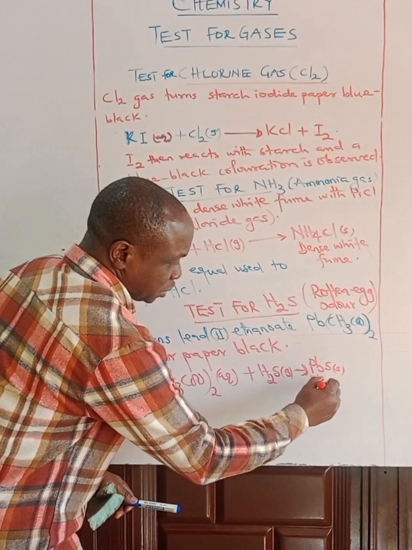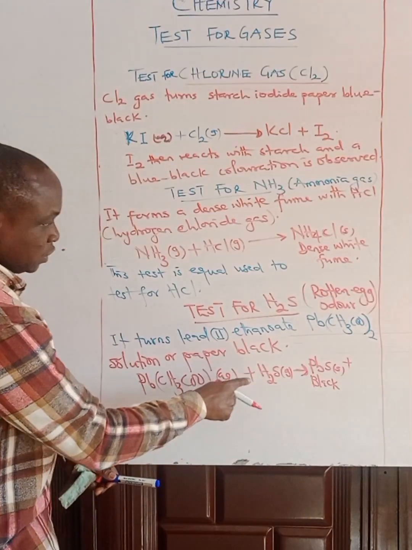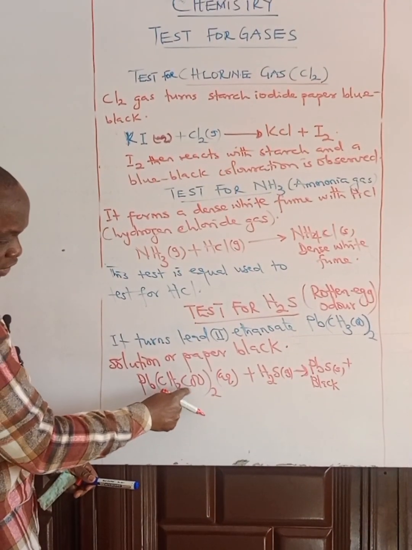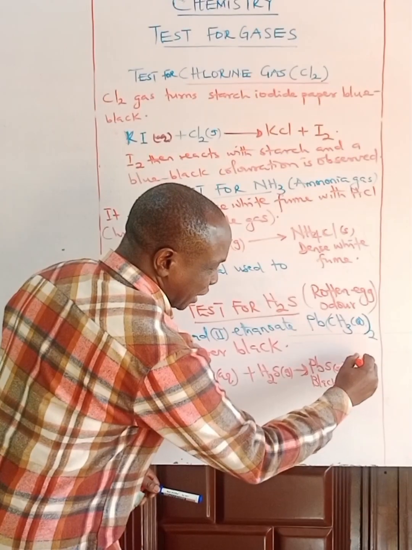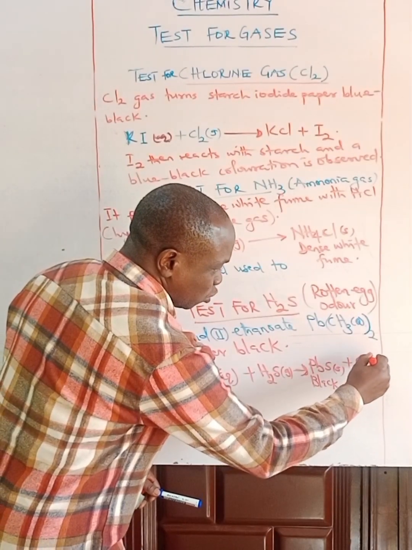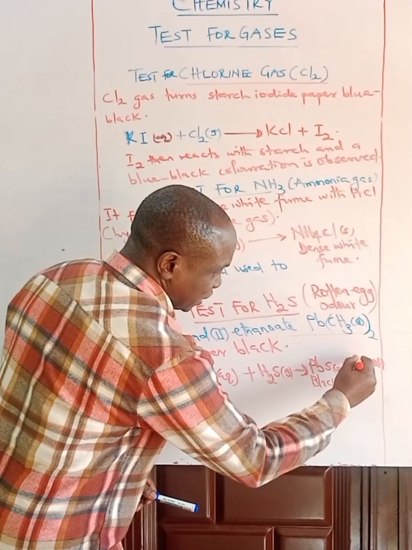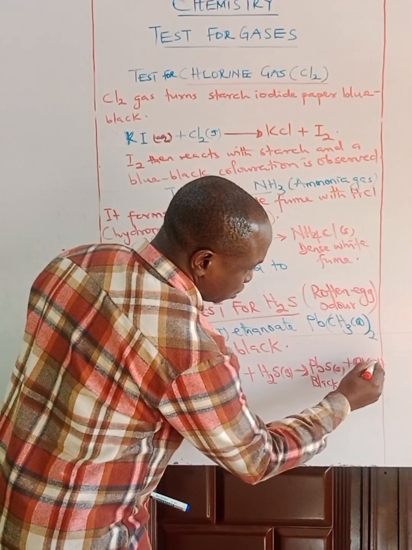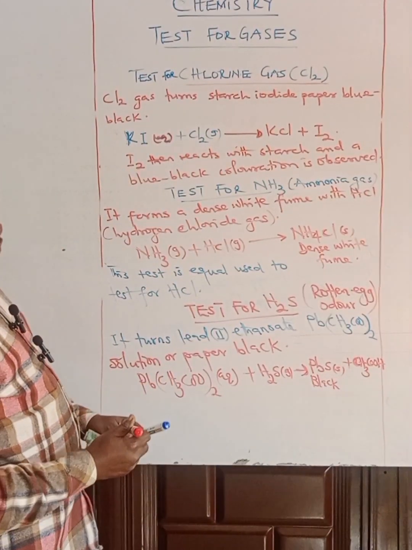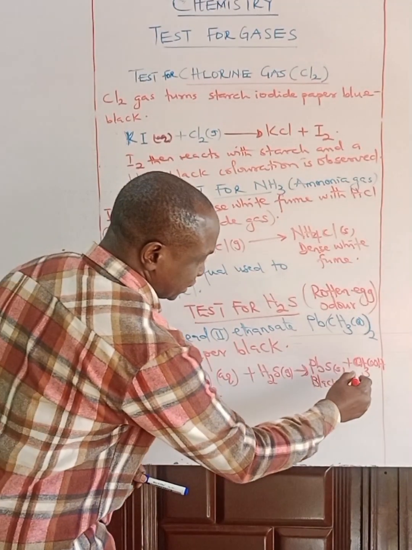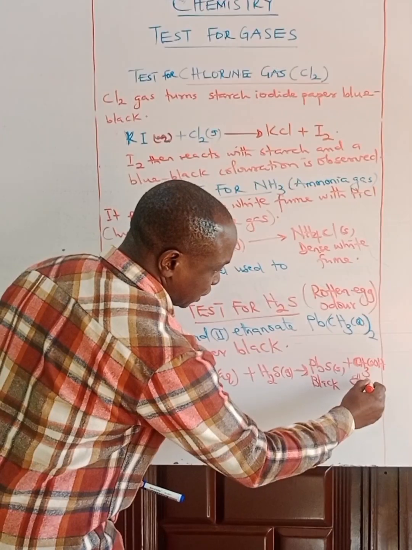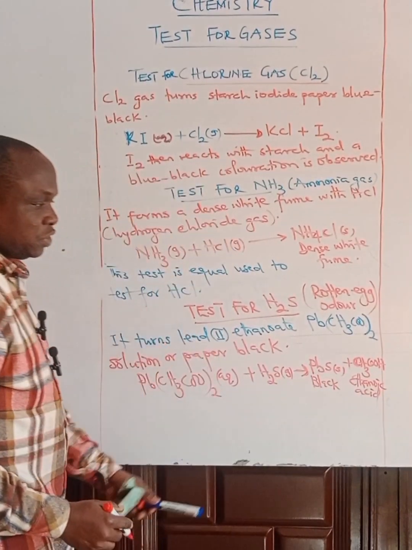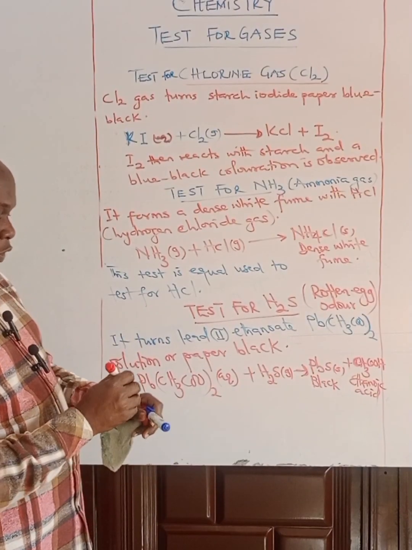This is a black precipitate, plus this hydrogen, which will come back to CH3COO to form ethanoic acid, CH3COOH. So this is ethanoic acid, also called acetic acid. This is the black precipitate you are going to have.